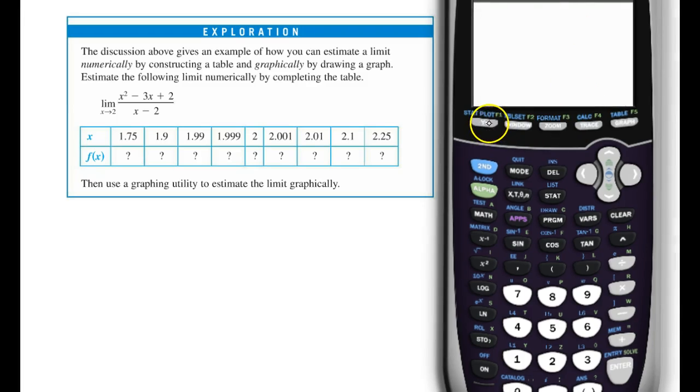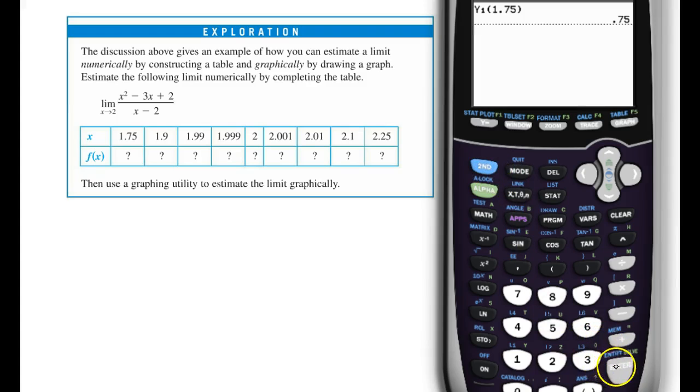Okay, in y equals, I've entered this function, and now I'm going to just grab y1, parentheses, and I'm going to put in 1.75, and we get 0.75.